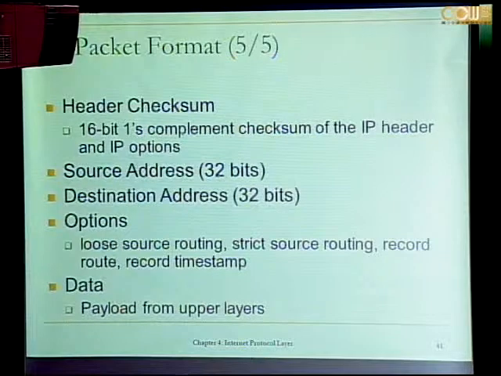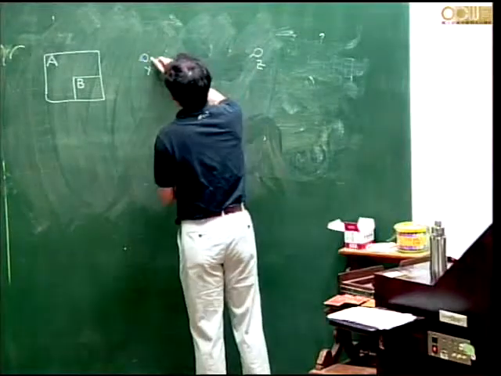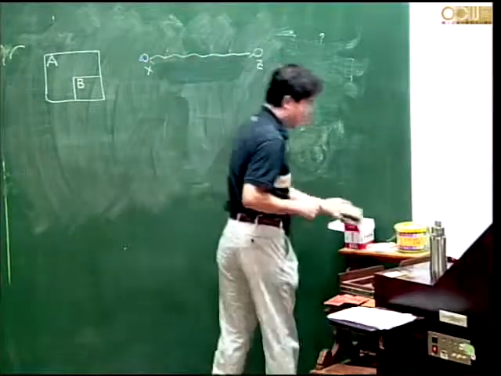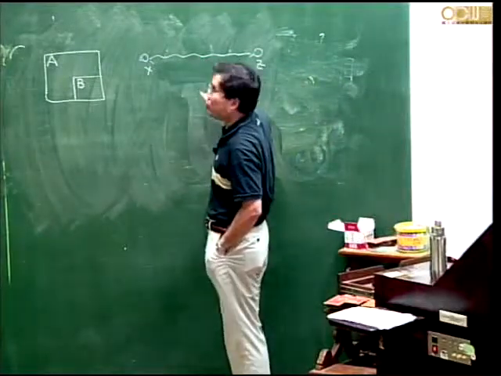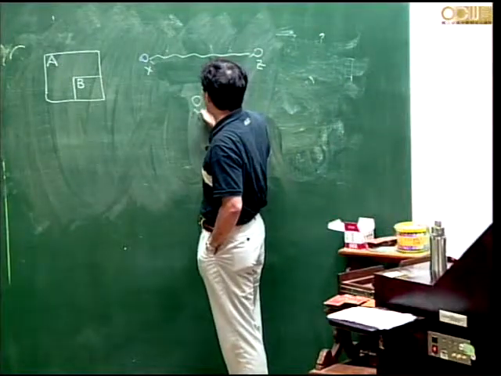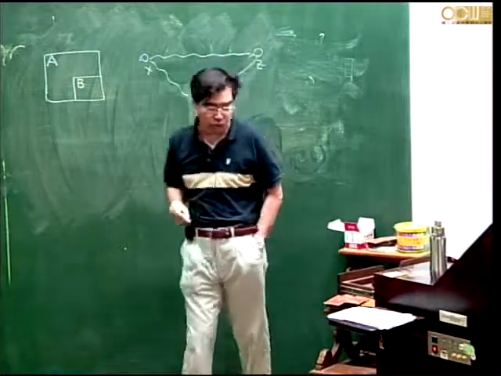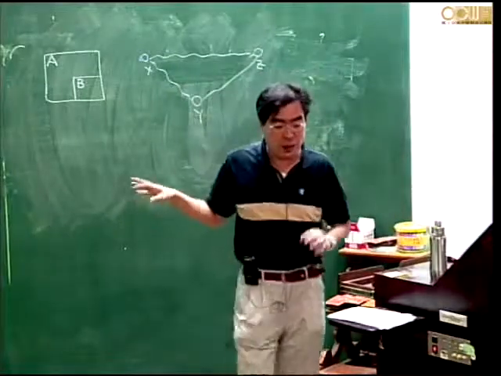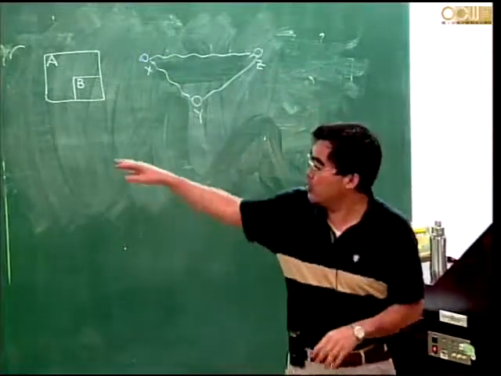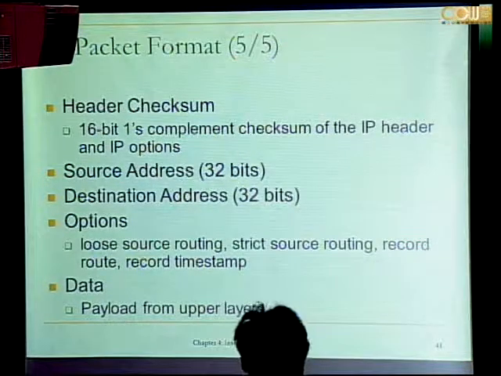This is probably the shortest path. There should be a shortest path from X to Z. However, I have put a loose source routing saying that it should go to Y first before going to Z. So I just put Y in the option field.